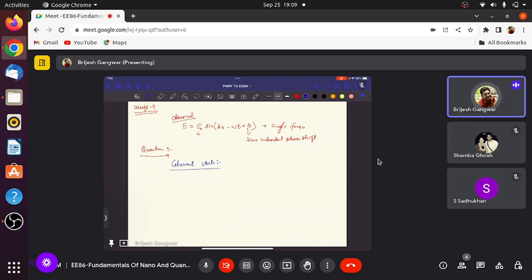If you present some light, maybe we can talk about coherence of the light, and coherence can be of two types: spatial coherence or temporal coherence. So let's talk about spatial coherence. How can we represent this coherent state in quantum mechanics?